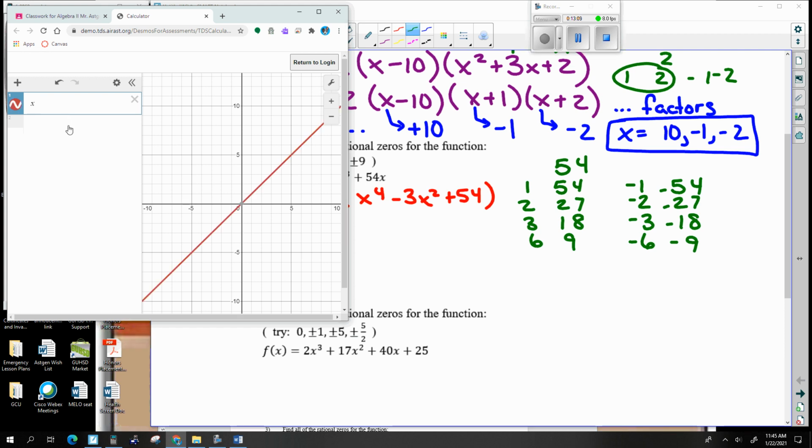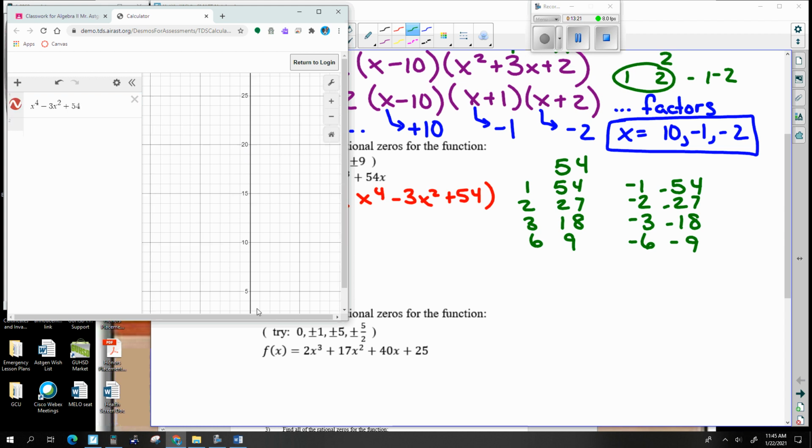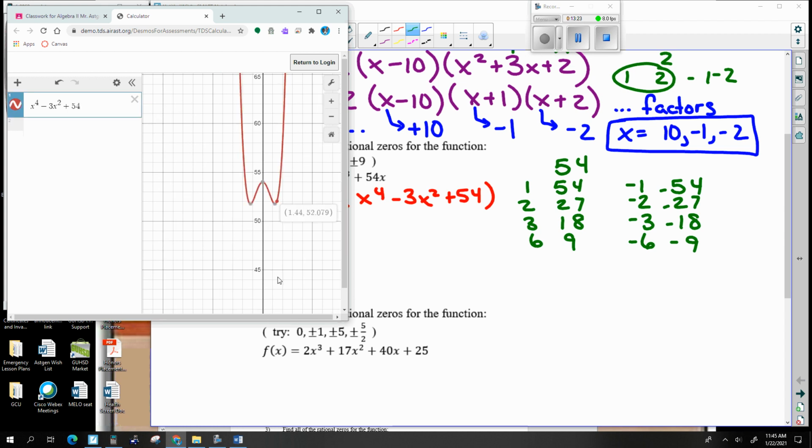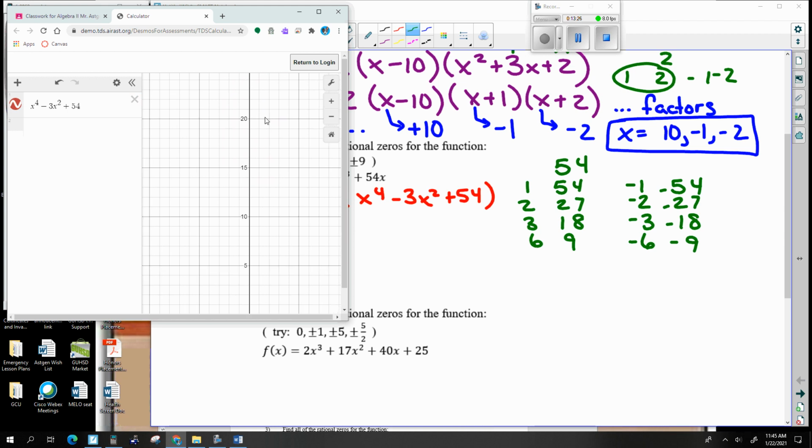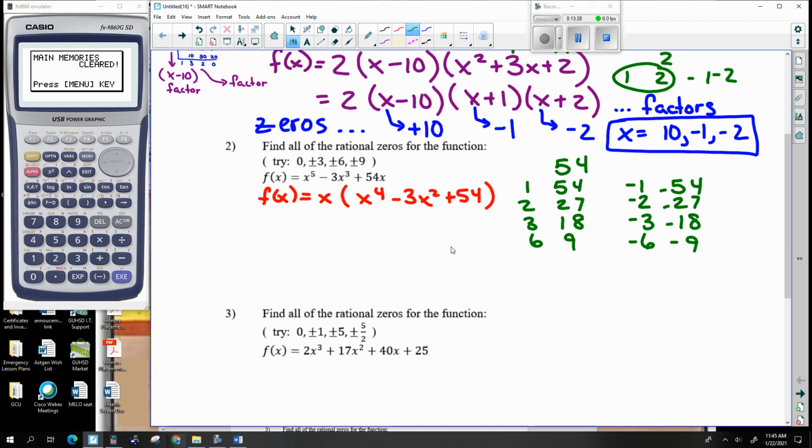So I have an x to the fourth minus 3x squared plus 54. Yeah, and that is going up, and it never touches a 0. Okay, so good. That's exactly what I thought. So this is not factorable. I can't factor.